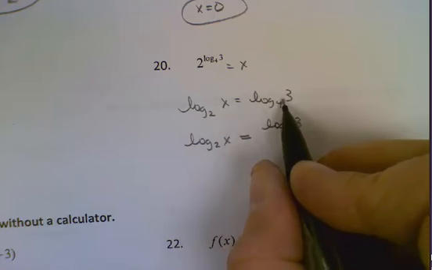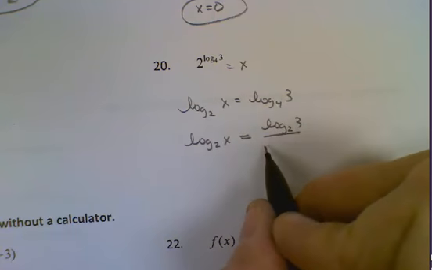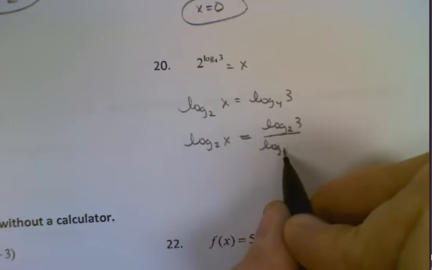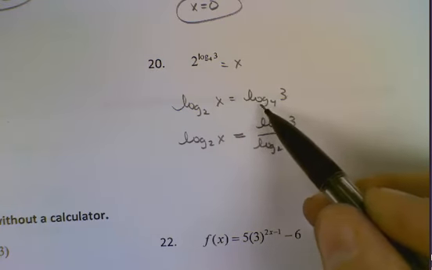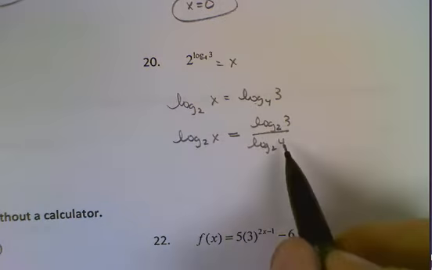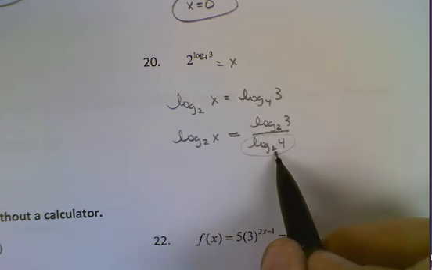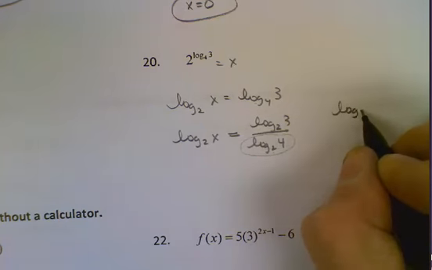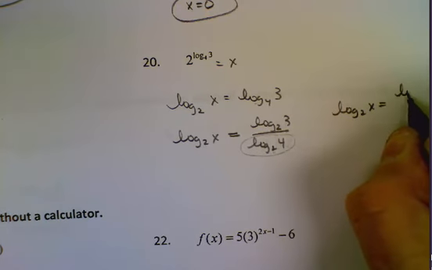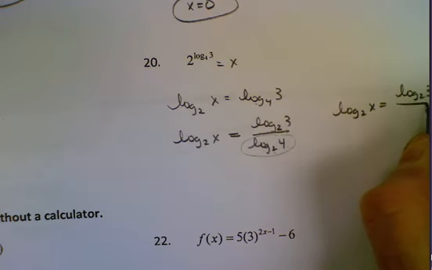So I'm going to say this is log base 2 of 3 divided by the log base 2 of 4. So remember, it can be any base. So I took the log base 2 of 3 over the log base 2 of 4. Log base 2 of 4, you're asking yourself, 2 raised to what power gives you 4? So that's 2. So now we have log base 2 of x equals log base 2 of 3 over 2.